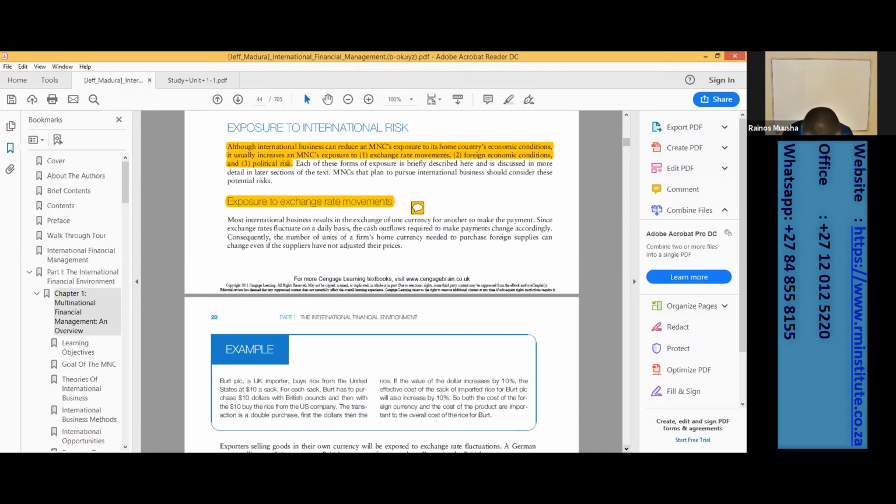So looking at these exposures, the first exposure that we're going to look at is the exposure to international exchange rate movements.